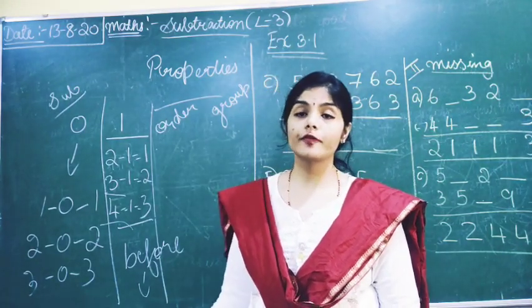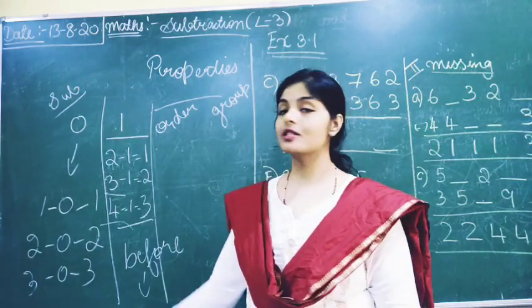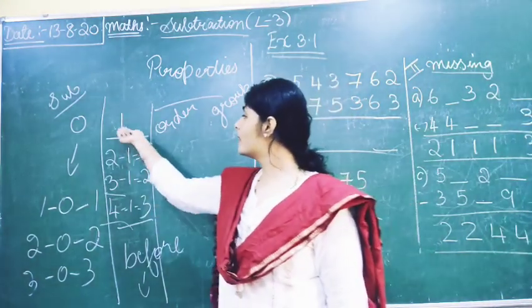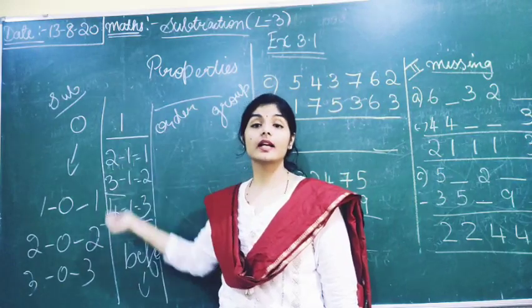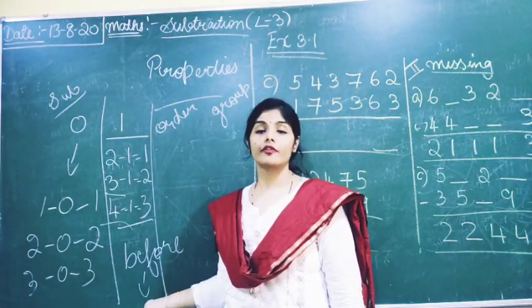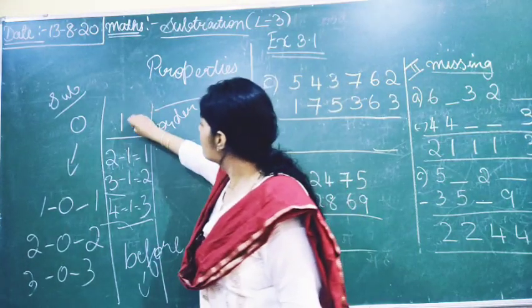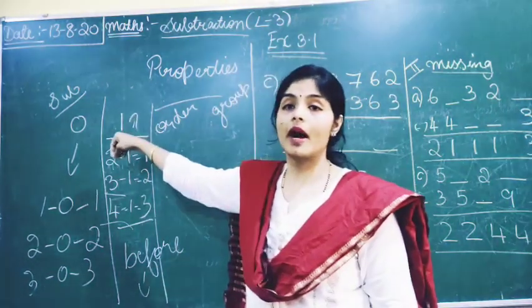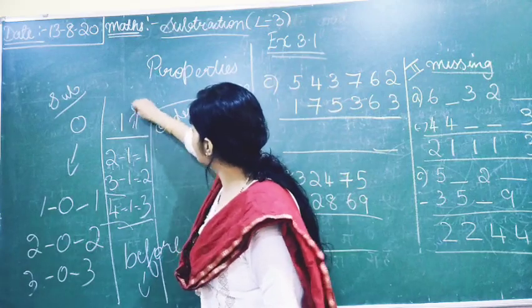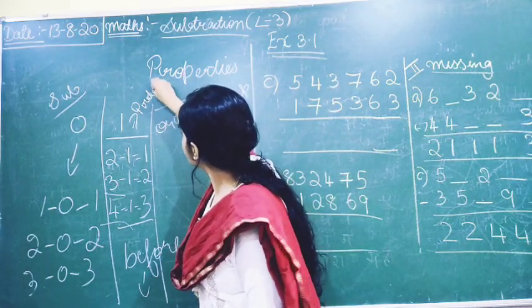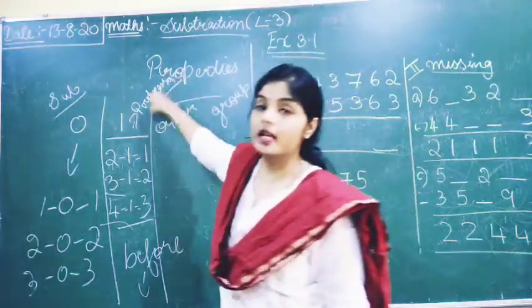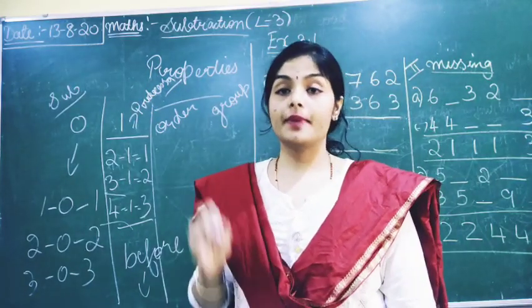So, you have learned this before number from grade 2, so this will be easy for you. Whenever you are subtracting with 1, you will get the before number of that digit. That is the predecessor. So, in minusing 1, you have a property known as predecessor. Got it, children?